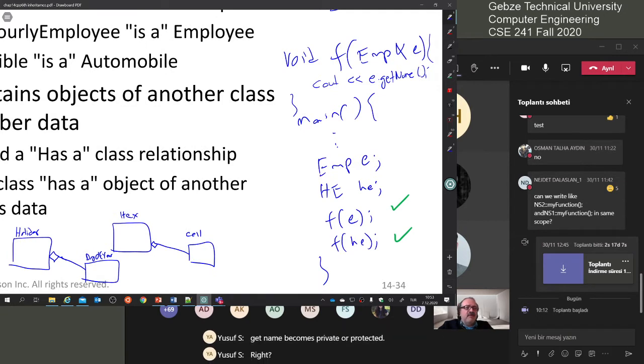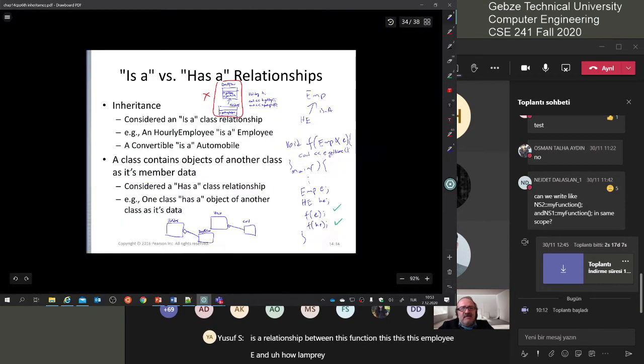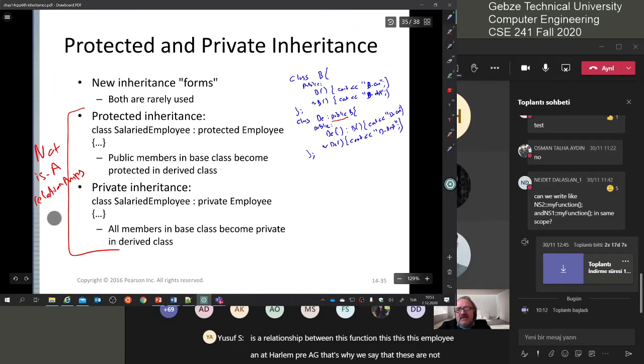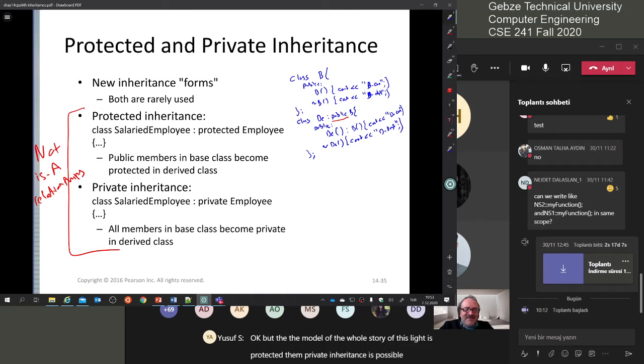So if I cannot call it, then I cannot say that there is a relationship between this employee E and hourly employee HE. That's why we say that these are not is-a relationships, and we are not interested in them. Okay, the moral of the whole story of this slide is protected and private inheritance is possible, and we will never use them. I put this slide just because people are very curious about it. They keep asking me about this question, and the answer is, well, it is possible, but we don't use them.